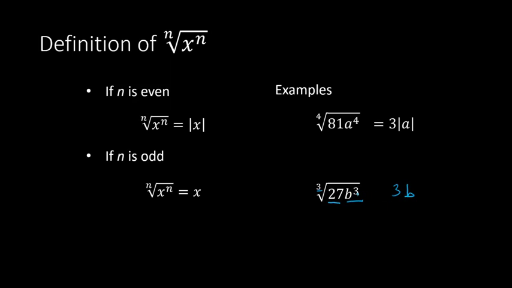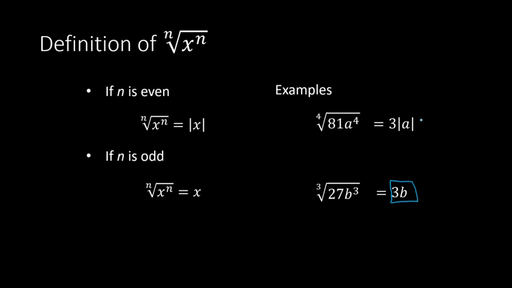And it doesn't matter what b is, because it will still be the same sign no matter what, because n is odd. We verified that over here. So in this case, we don't need to put the absolute value symbol, because n is odd, because of the 3 and the 3 here. So this can just be written as 3 times b.